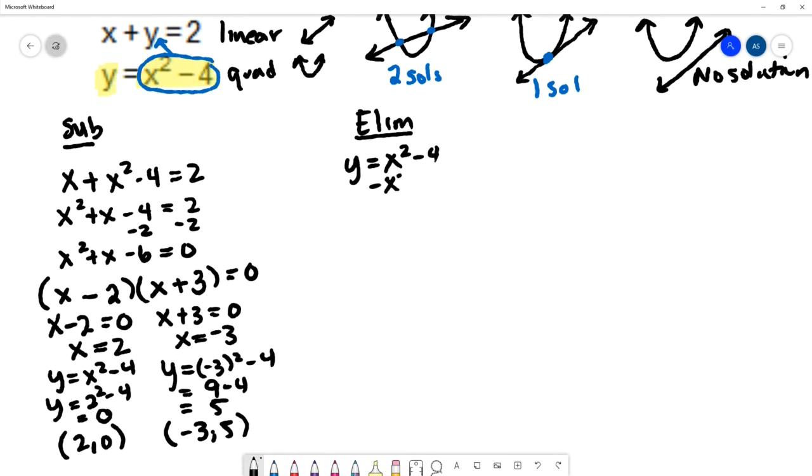and I'm going to subtract x squared on both sides. And this is going to give me my x's and y's on the left, negative x squared plus y, and my constant on the right equals negative 4.